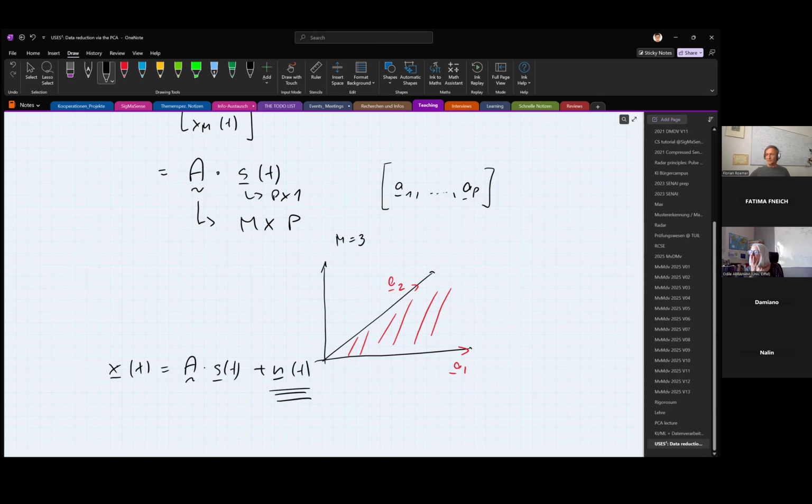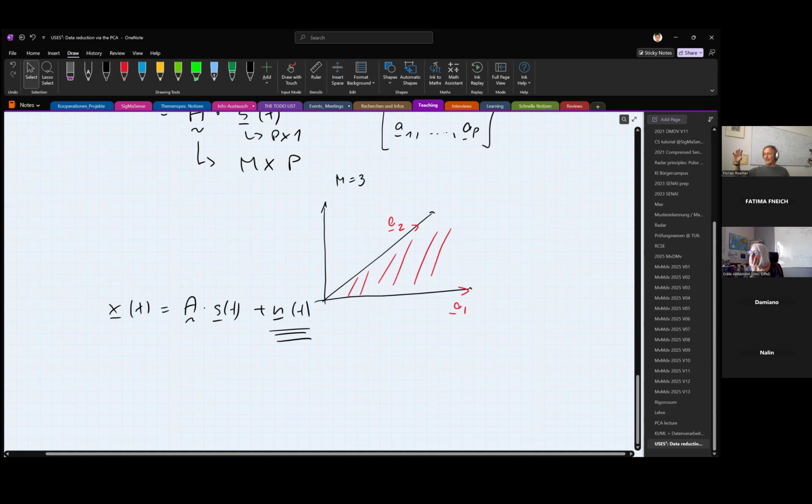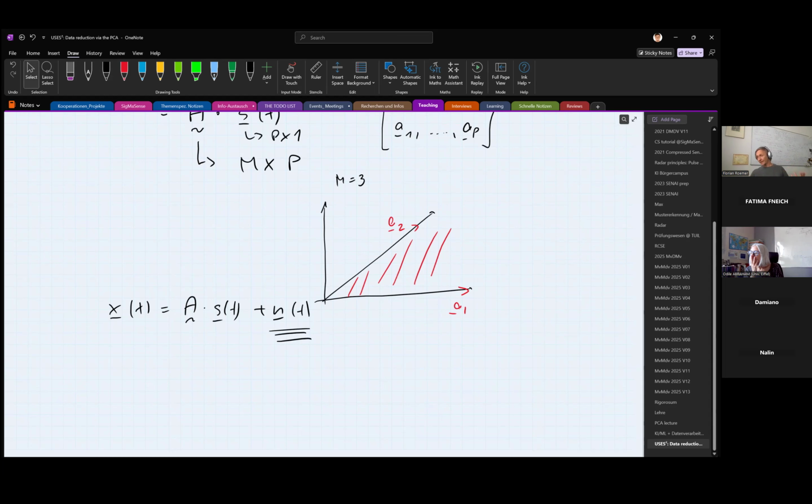Right. And now the only question is, how do we actually project data in this low dimensional space? And the answer to that is we can use the singular value decomposition or the eigendecomposition. But I actually want to talk about the singular value decomposition because I think it's the most helpful for us. To this end, I'm going to take the x again. I'm going to put it into a matrix as before. So we have x of t1 up to x of tn, like this.